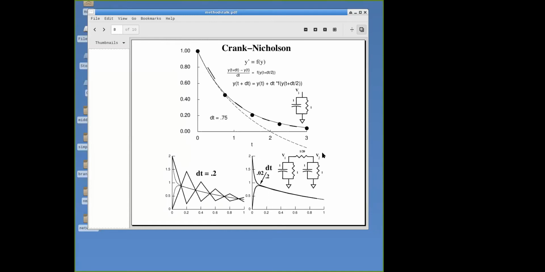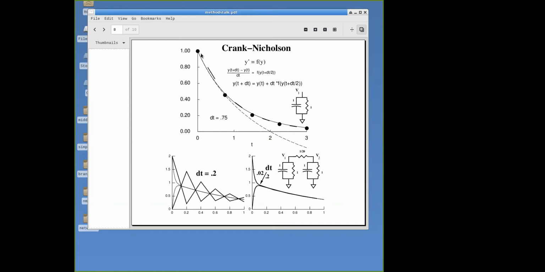Okay, next slide. There are other integration schemes built into NEURON. One is Crank-Nicolson, in which the algorithm is roughly equivalent to taking your time step that you're going to advance over and looking for the point halfway along that time step where the slope is going to point from your starting point to your destination point.